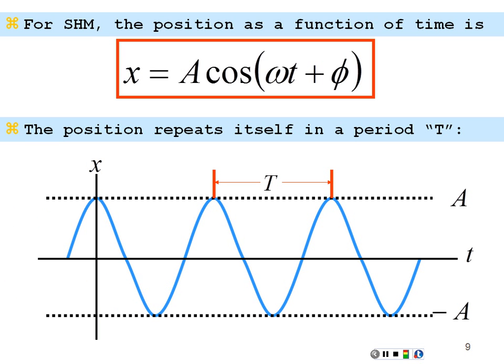I will find that this sinusoidal function, as it goes through one cycle of the cosine function, will repeat itself in some time. I'm going to call that time that it takes to repeat itself the period T. I'm also going to extend my function through an amplitude, either in the positive direction or in the negative direction, as my cosine function goes from positive 1 to negative 1.